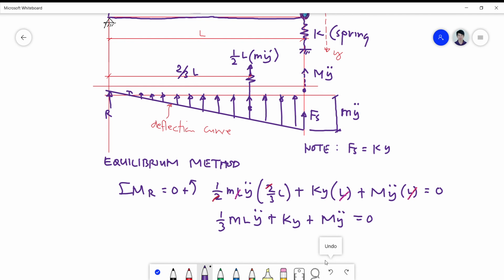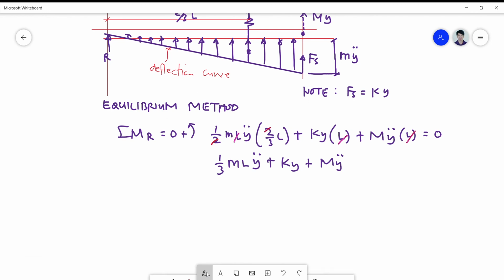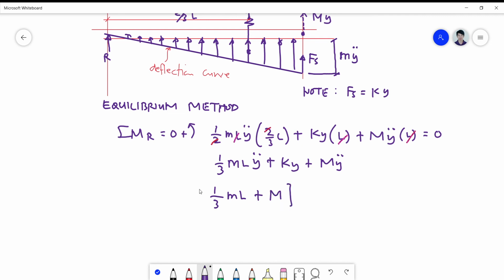To make your equivalent system, we are now solving the differential equation of motion. We can combine these two since both are acceleration terms. So we can factor out 1/3 m L plus capital M, multiplied by y double dot, plus Ky equals 0.